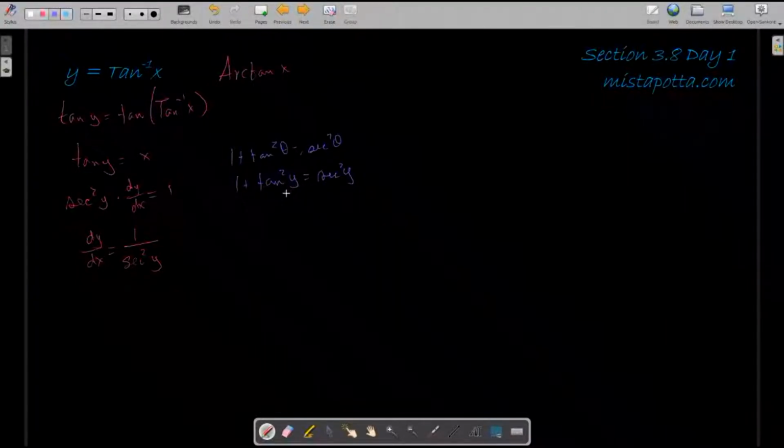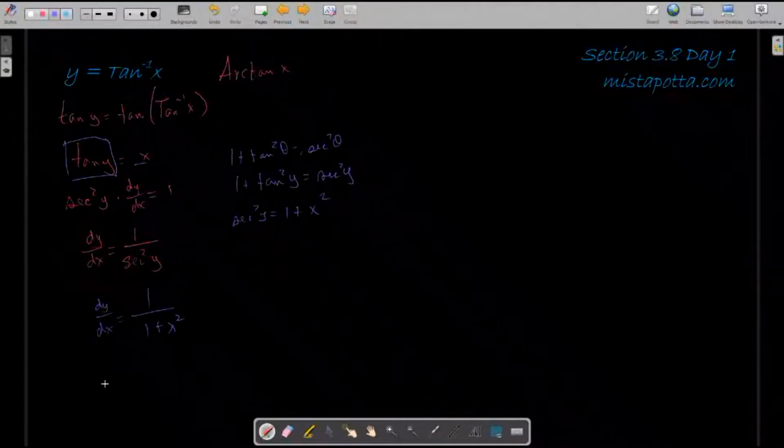So everywhere I have secant squared y, I could replace it with 1 plus tangent squared y. But just as before, tangent of y has a very special meaning. It's x. And so that means that secant squared of y is really 1 plus x squared. And so this dy dx, my derivative, is really 1 over 1 plus x squared.